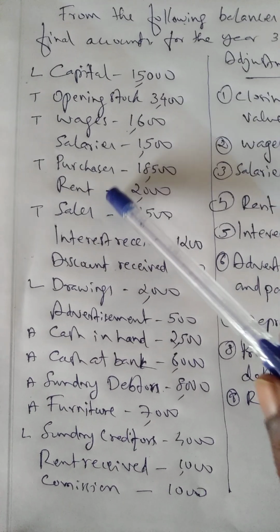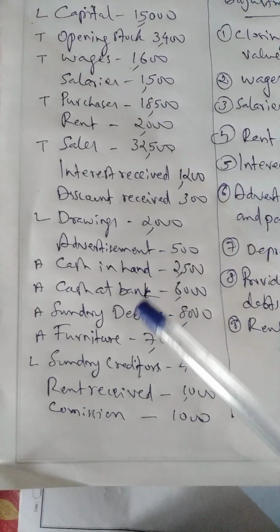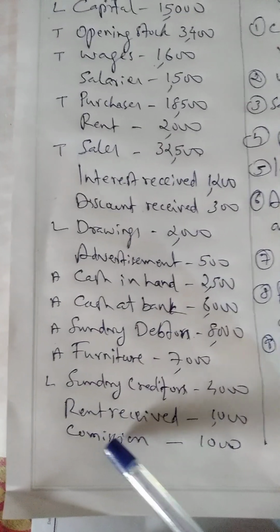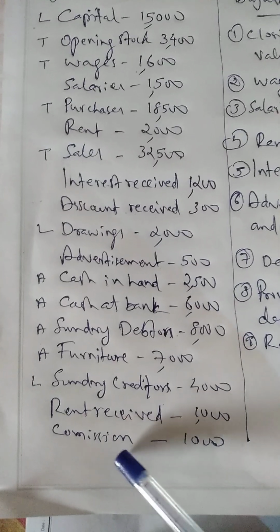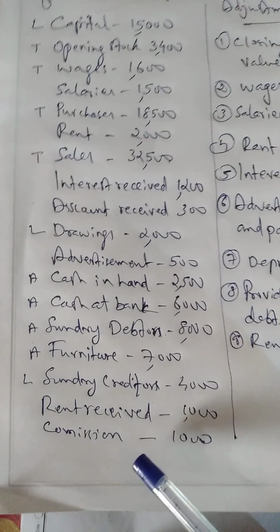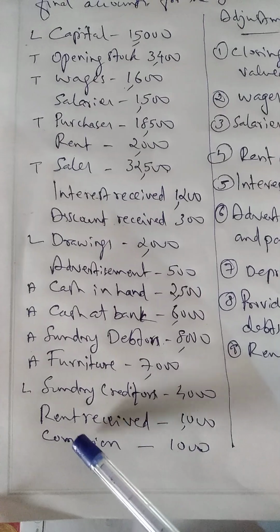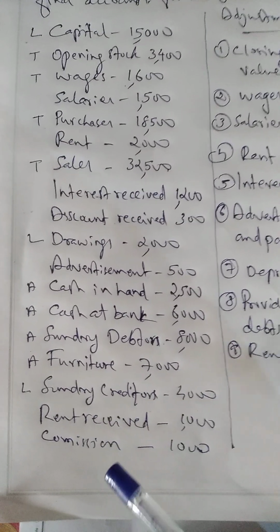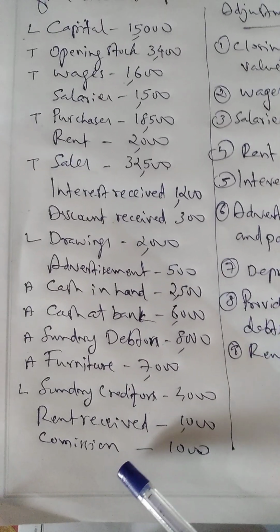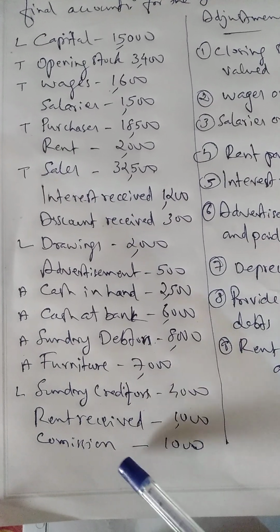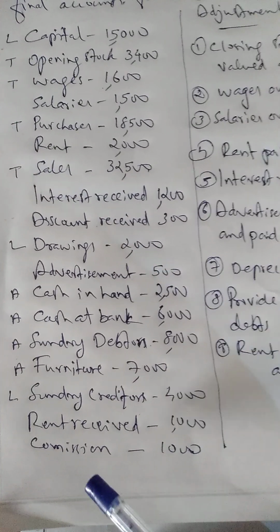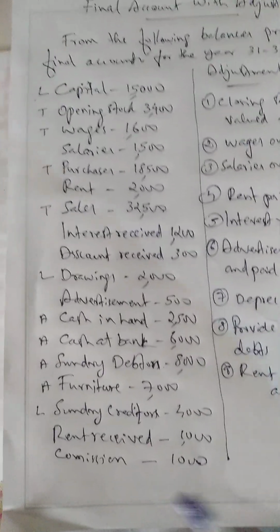It means rent paid. If you note this trial balance, you can see commission. So there may be a doubt whether this commission is received or commission paid. Since it is given just as commission, it is an expense. That means it is commission paid. If it is commission received, it will be specifically stated in the question, commission received or commission credit balance.